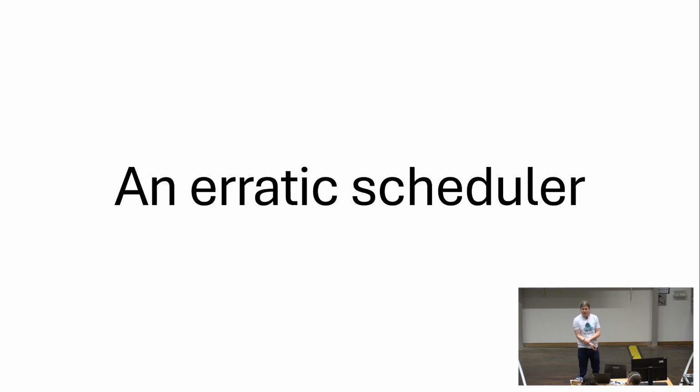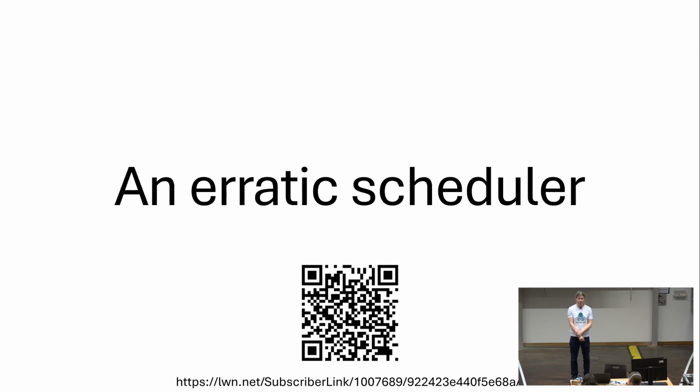One of the things that I did and presented at FOSDEM with Jake Hillion from Meta is I created an erratic scheduler. The idea is we can throw out the fairness, because most applications, especially concurrent applications, depend on the fairness.